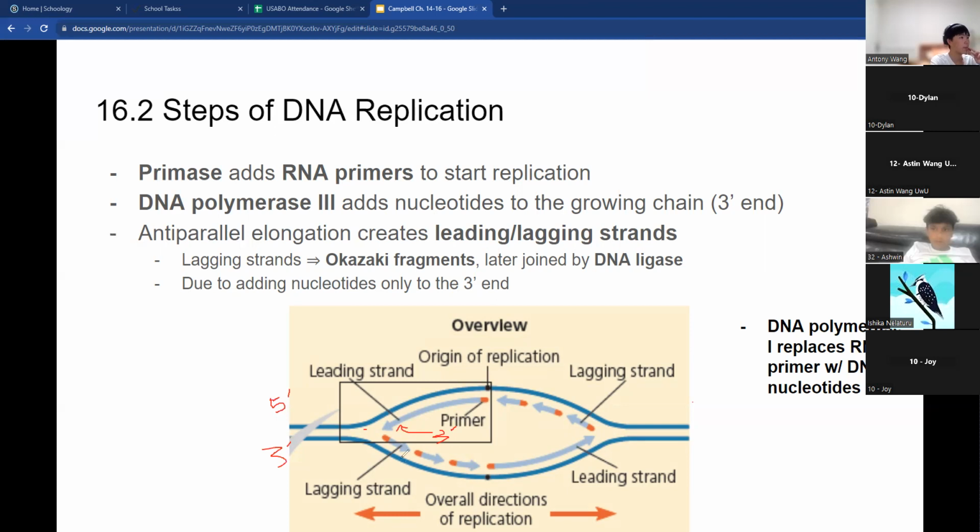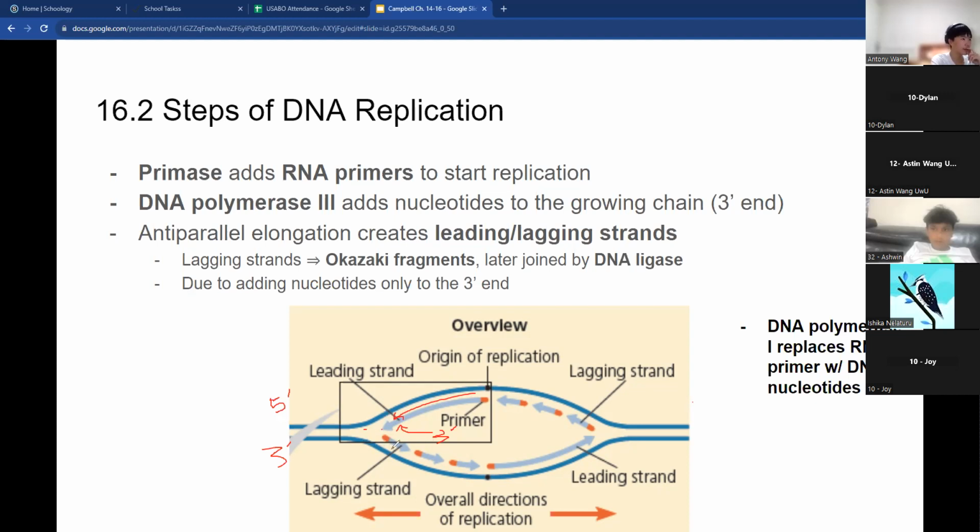The direction of this strand is such that this is the 5' end and this is the 3' end, so DNA polymerase can continuously add nucleotides to that 3' end. It will just keep going continuously this way, and it can keep adding here because this is the 3' end.